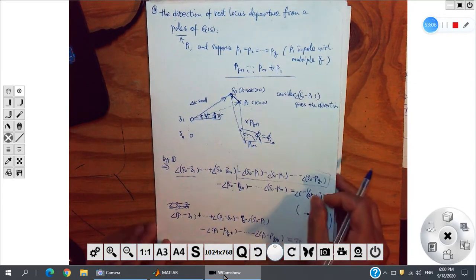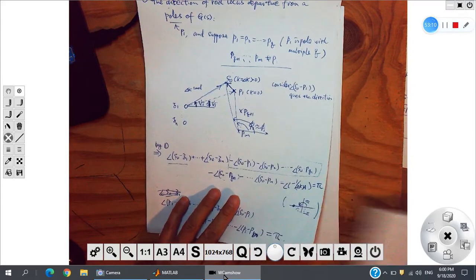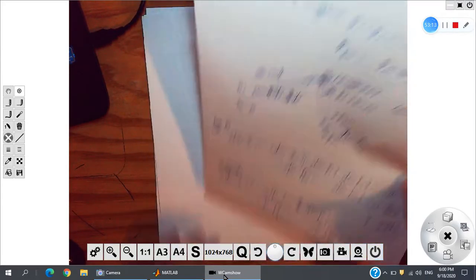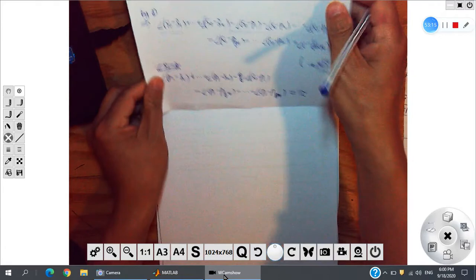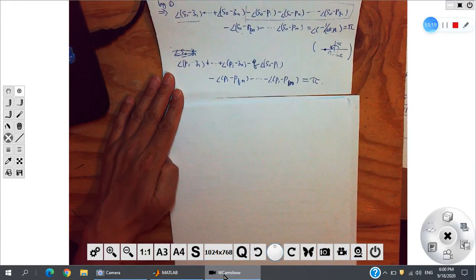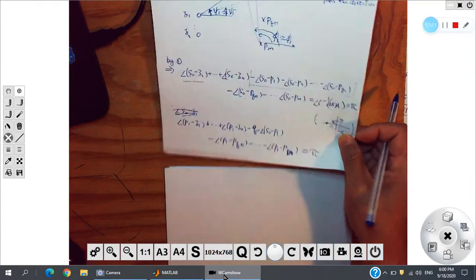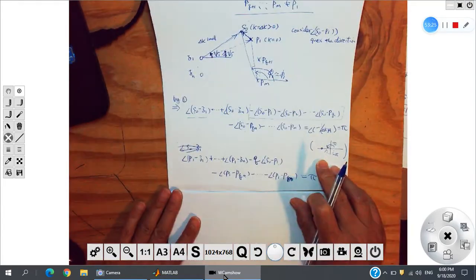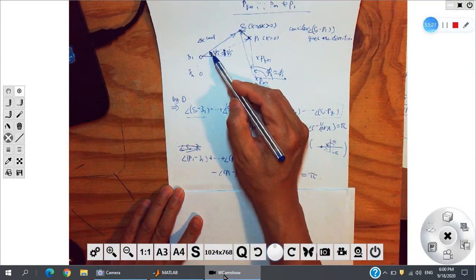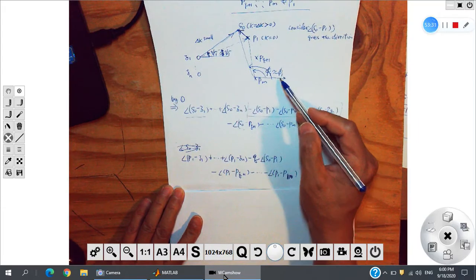Almost done. I have notation. I use that as phi. This is also, this is ver phi. This is phi, right?